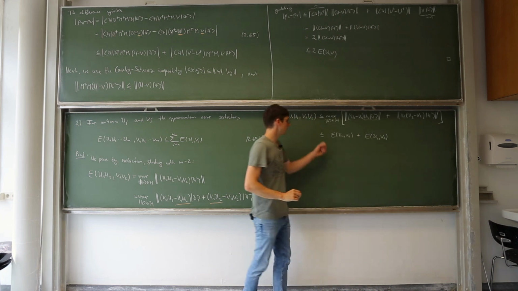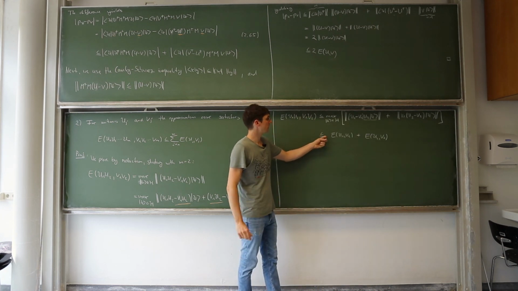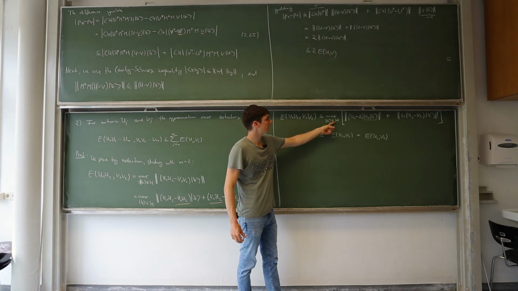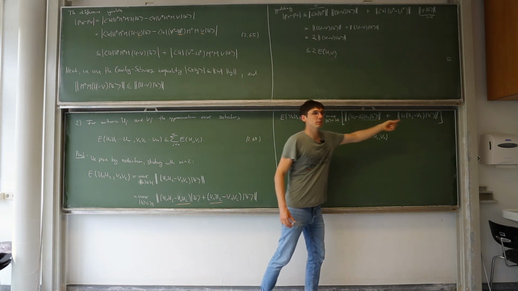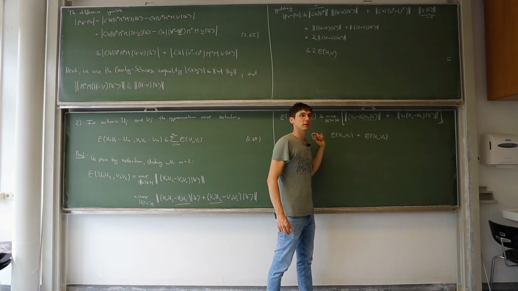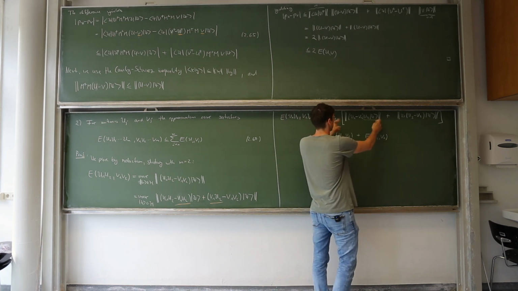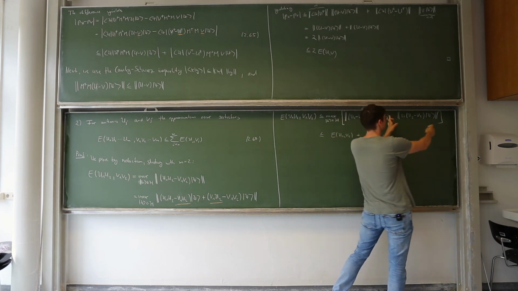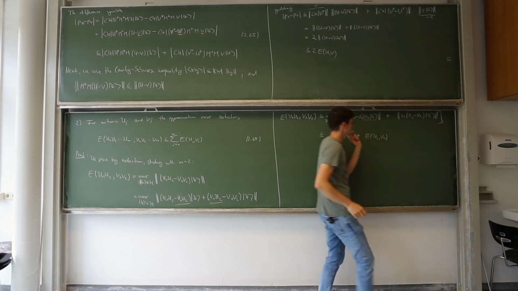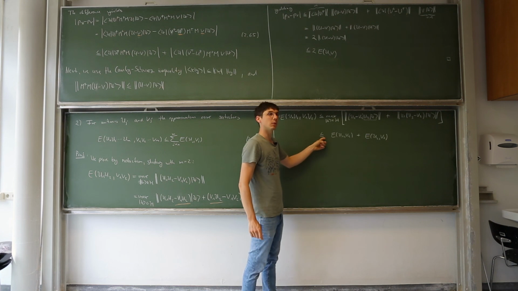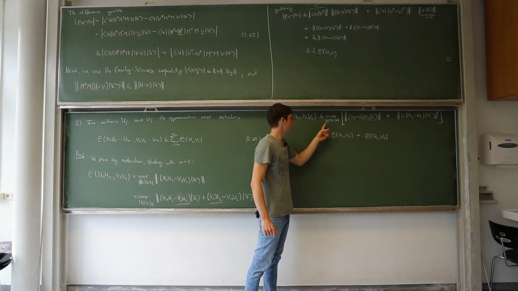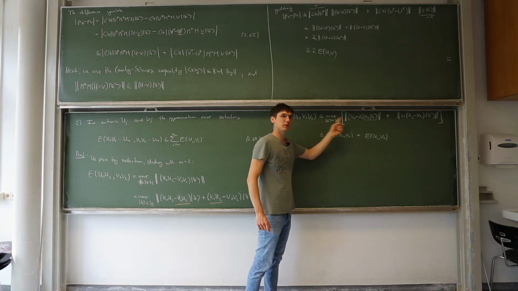The smaller or equal is because this maximization is not running over both terms. If there were a maximization only over this term and an additional maximization only over this term, then this would be an equality. But the inequality is because there's only one maximization over both terms.